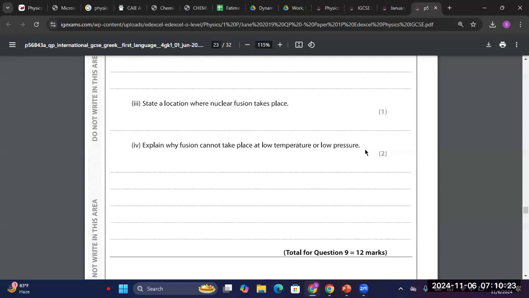I'll give you guys a hint. Think of it this way: what is nuclear fusion? Nuclear fusion is when two nuclei are joining together to make a larger nucleus. So think about it this way, both of those nuclei are going to have the same charge, right? Because the nucleus has protons inside it. I mean, it has neutrons, but it has protons. Protons have a positive charge.